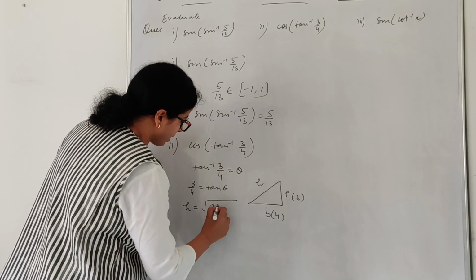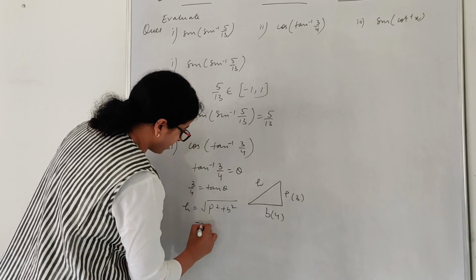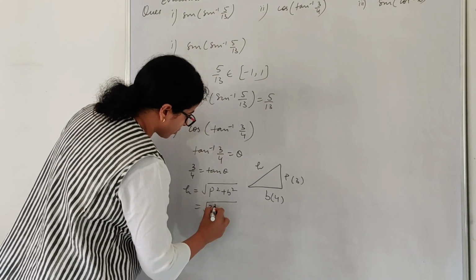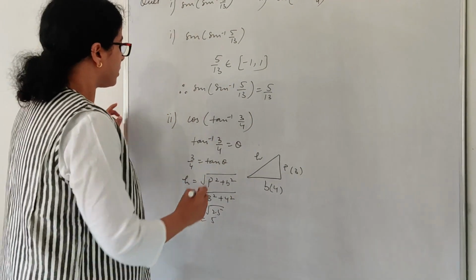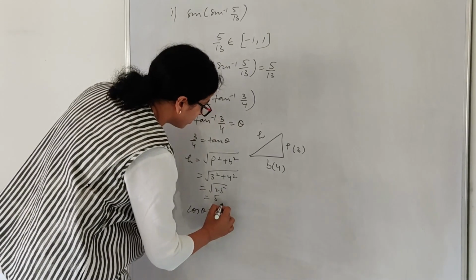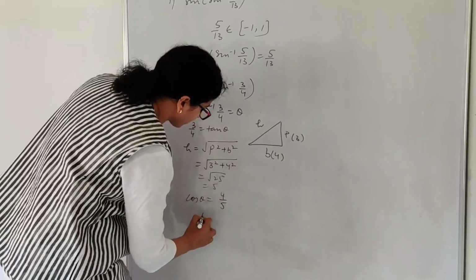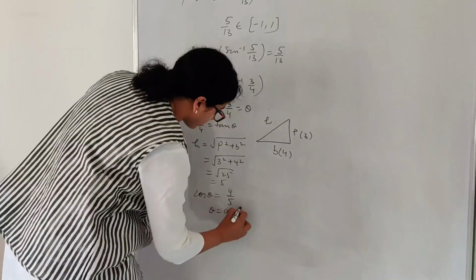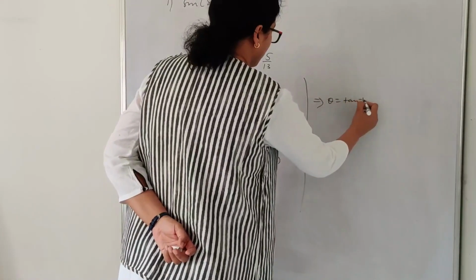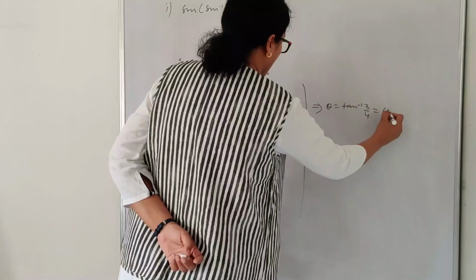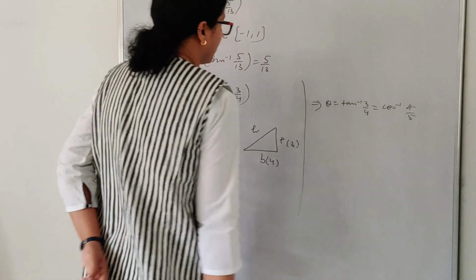Root of p square plus b square, right? So root of 3 square plus 4 square, which is equal to 5, right? So now cos theta equals 4 by 5. Theta is equal to cos inverse 4 by 5. Theta equals tan inverse 3 by 4, which is equal to cos inverse 4 by 5, right?